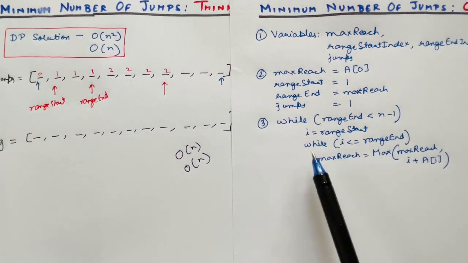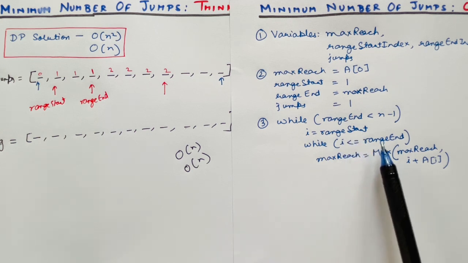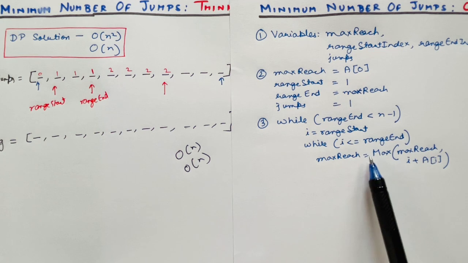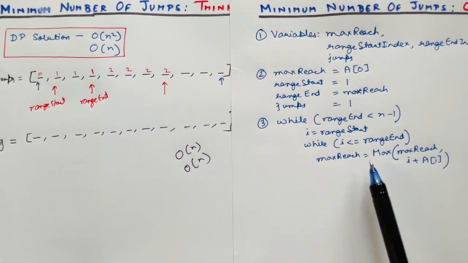So we have another variable to iterate in the range. It starts from the range start index and iterates till it reaches the end index. And in every iteration, we first calculate the max reach. Now the max reach calculation is simple.